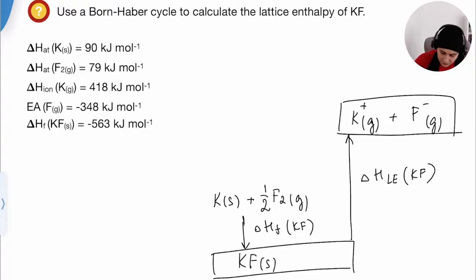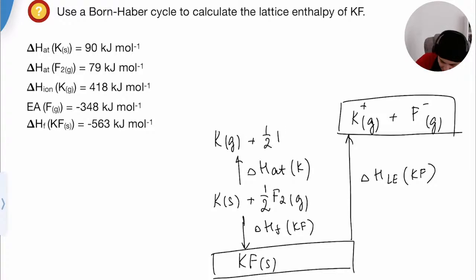Now I would want to atomize potassium because I want it to be K gas. So it's endothermic, and by definition, atomization is when you form 1 mole of gaseous atoms from the element in standard state. So that would be atomization of potassium. Then fluorine I haven't changed, so I keep it as just 1/2 F2 gas. Then I would ionize potassium.